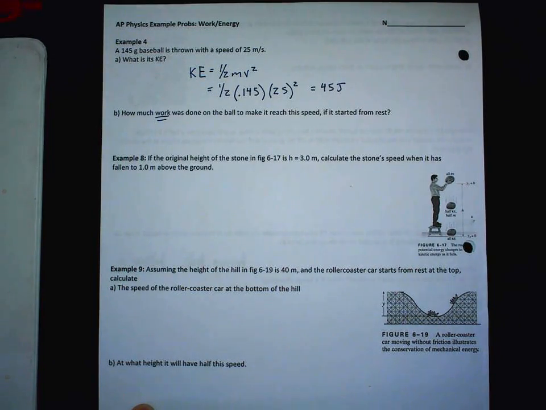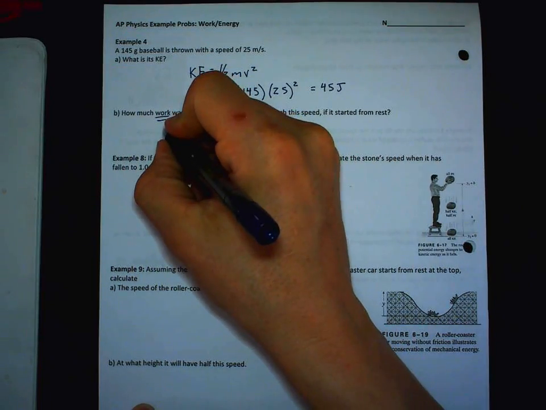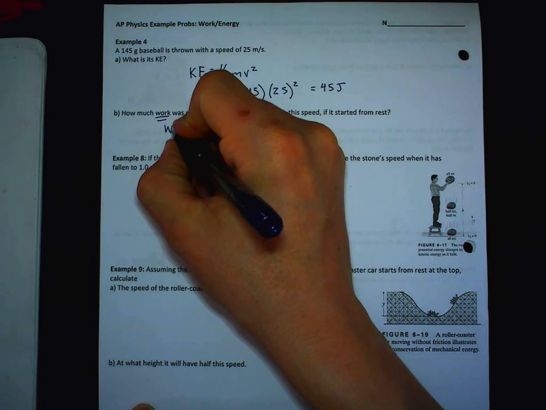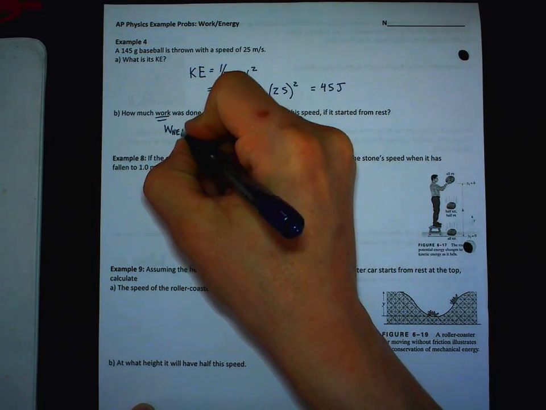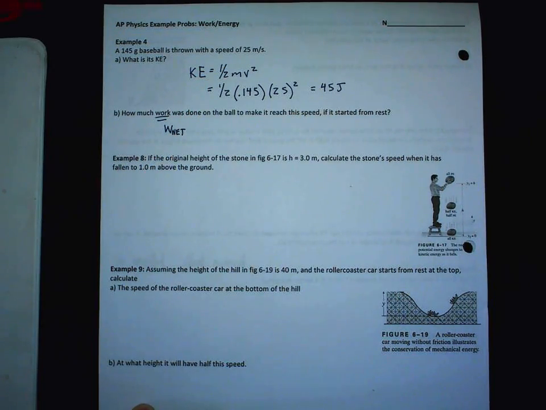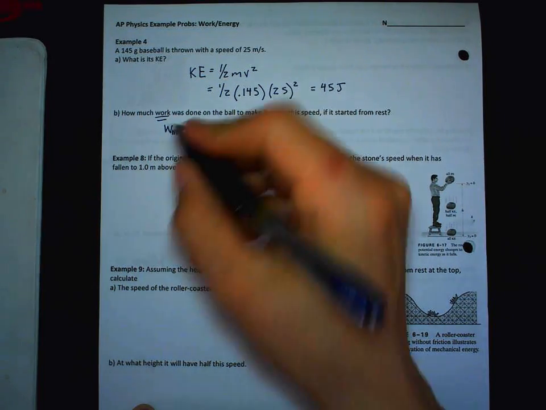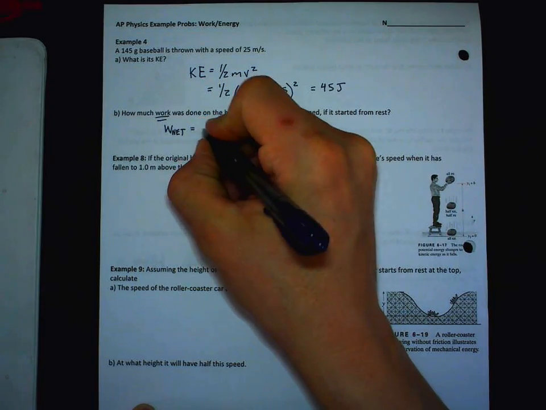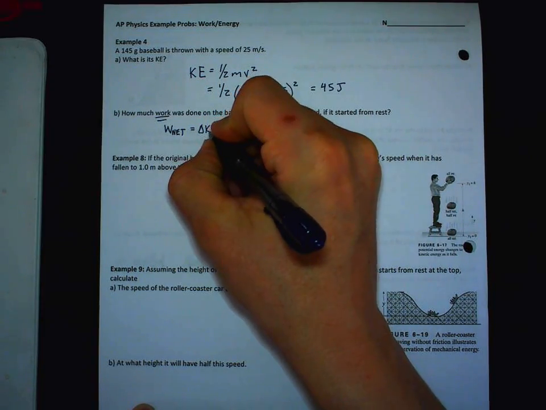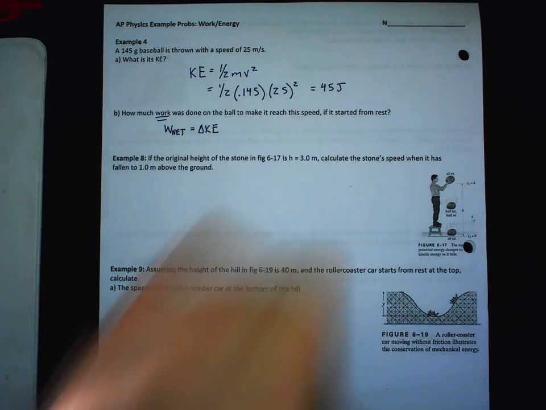There's another way to get work, and that is to look at what the kinetic energy did. So we have to remember that it's only the net work, the work done by the net force. Work net is equal to delta KE, or the change in kinetic energy.